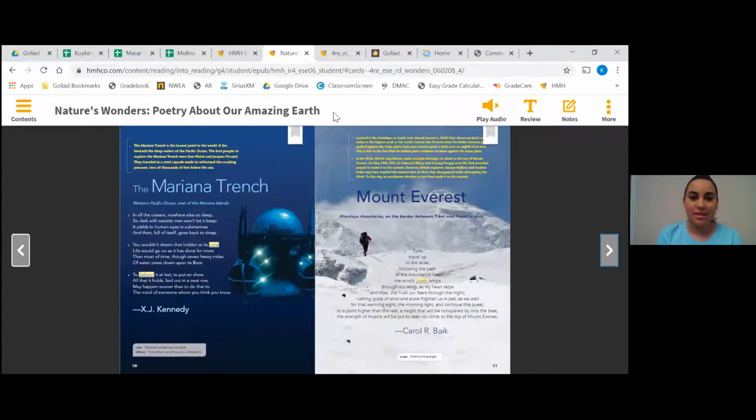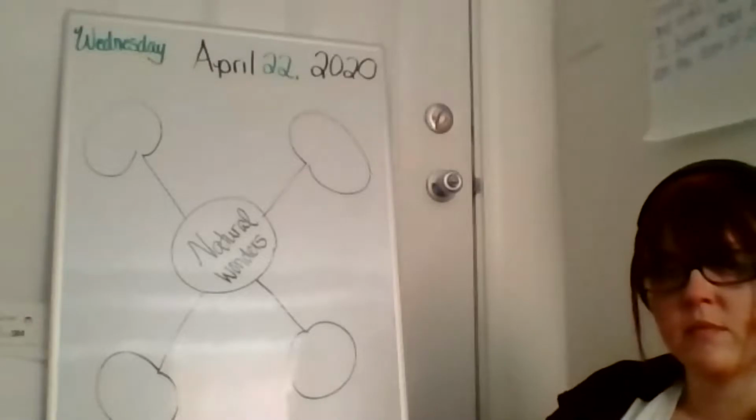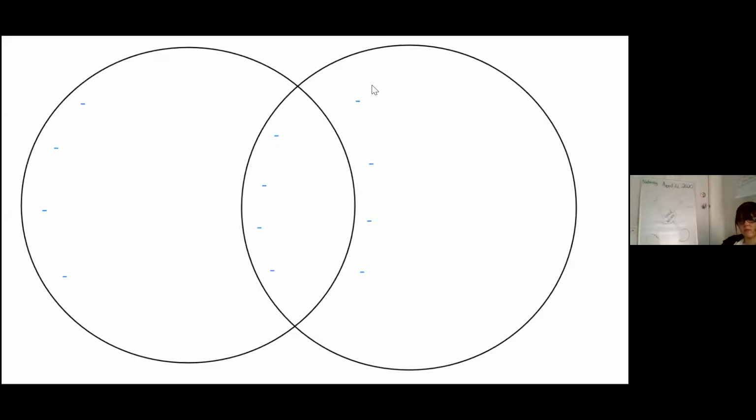I am gonna share this Venn diagram with y'all. The book's gonna go away for a minute. Okay, and as y'all tell us these things, I'm gonna be typing them in. So whenever you're ready and you think of something that's similar or different, let us know.